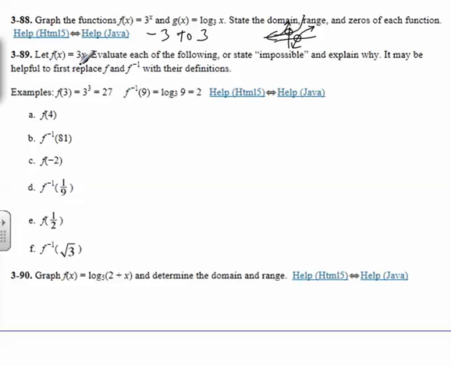On 89, let f of x equal 3 times x. So let's take a look at this. It may be helpful to first replace these. There's some examples. So the first one, f of 4, so we do 3 times 4, and that's 12.